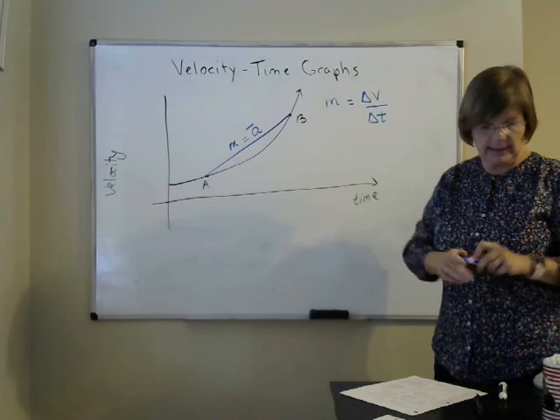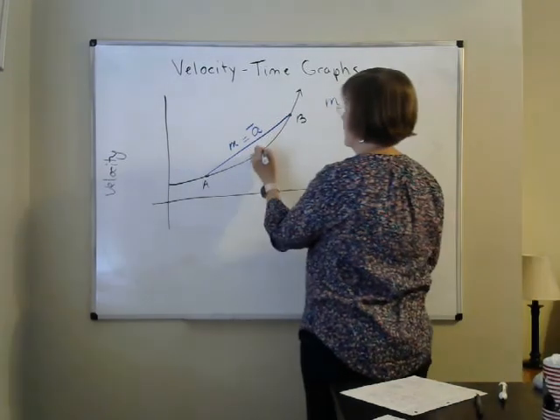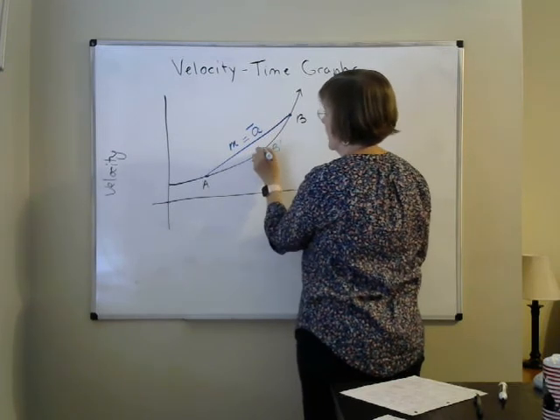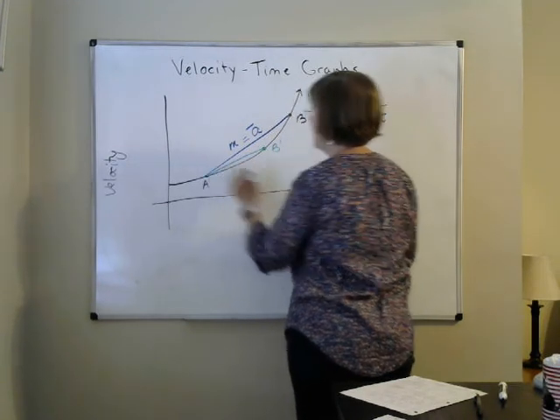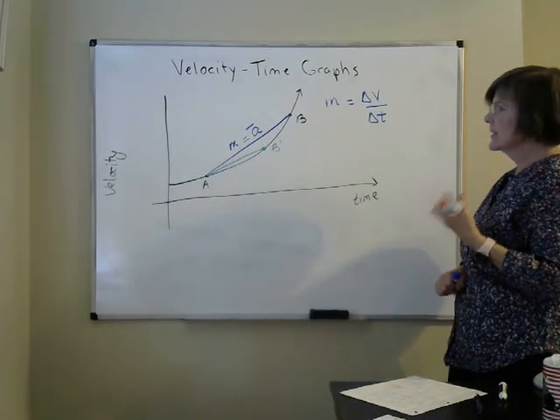I could make it a little bit smaller, say from here to here. I'll call that B prime. And you notice that's a better estimate of the instantaneous acceleration. Okay, that's going to be better.